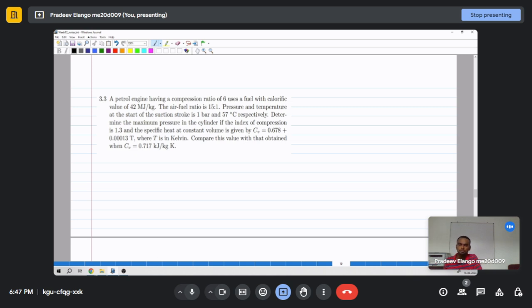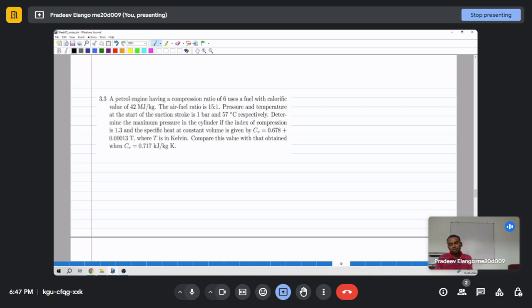The next problem: a petrol engine having a compression ratio of 6 uses a fuel with calorific value of 42 megajoule per kilogram. The air-fuel ratio is 15. The pressure and temperature at the start of the suction stroke is 1 bar and 57 degrees Celsius respectively.